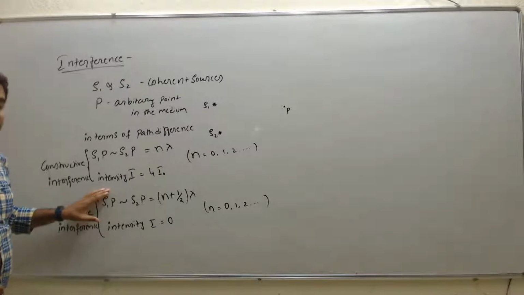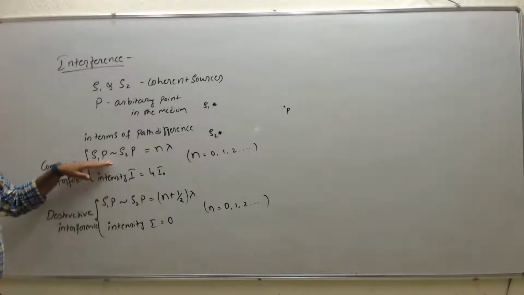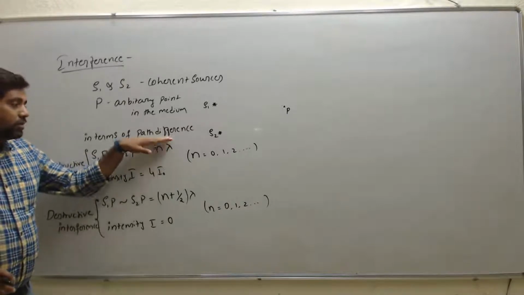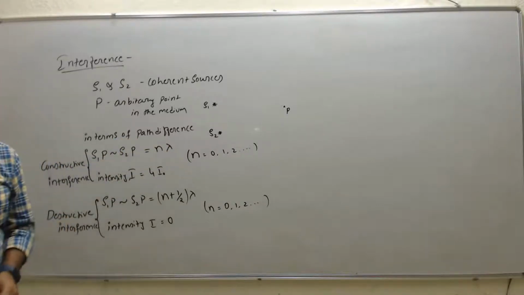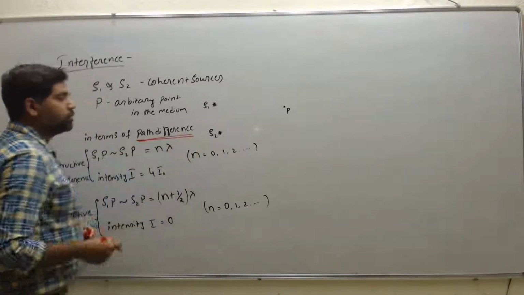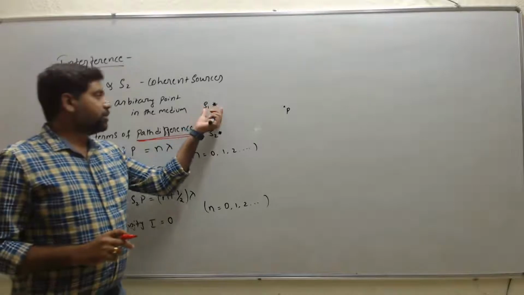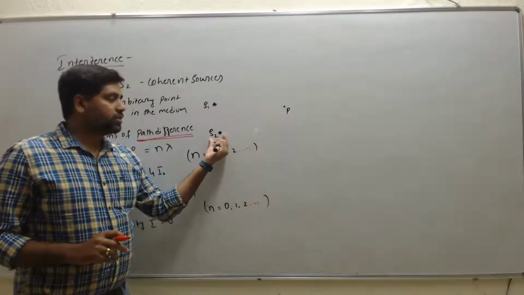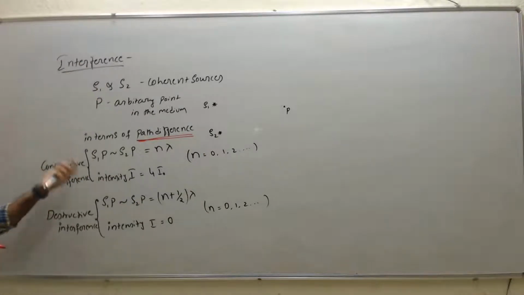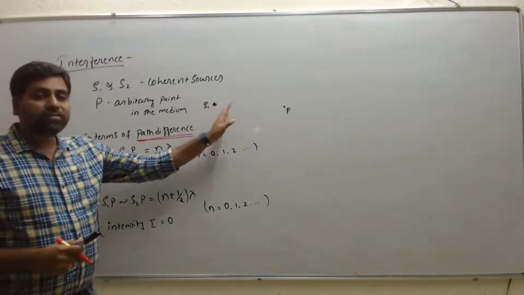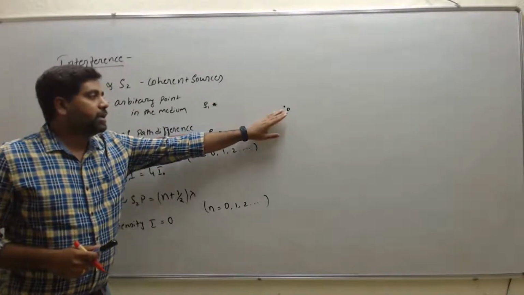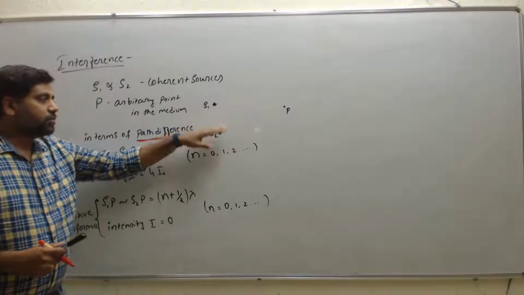If they ask the condition for constructive interference, you have to write S1P difference of S2P is equal to n lambda. This is using the path difference. Path difference is the distance between S1P and the distance between S2P. As we studied in detail in yesterday's class, we considered three cases of the point P relative to S1 and S2.